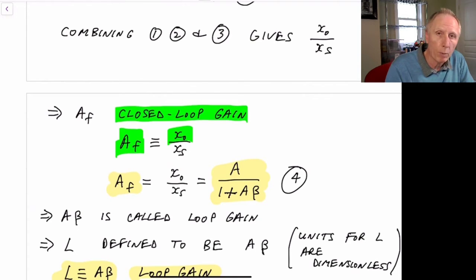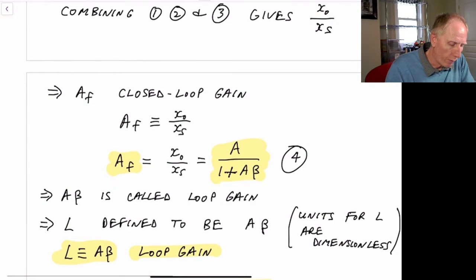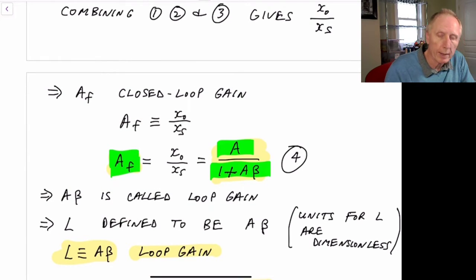It's defined to be the output divided by the input, X sub naught divided by X sub S, our input signal. If we just combine 1, 2, and 3, we'll find that A sub F is then given by A divided by 1 plus A beta. So this is an important formula for the closed loop gain for a feedback amplifier.